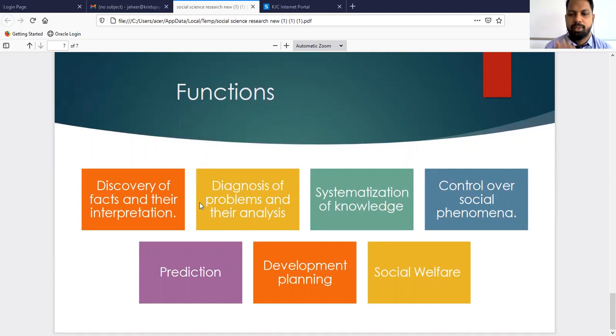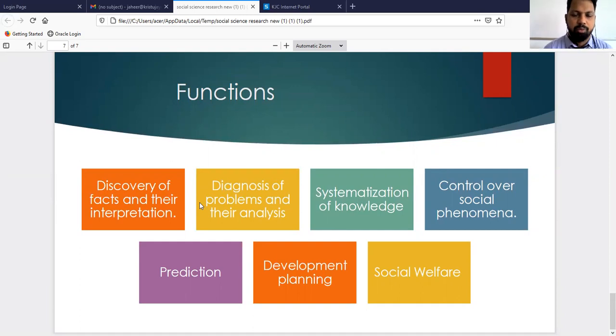Then systematization of knowledge. Whatever research is carried out in social science is in a systematic manner, following a clear-cut methodology. It should be in order. Then control over social phenomena, carried out systematically without any bias, and prediction.